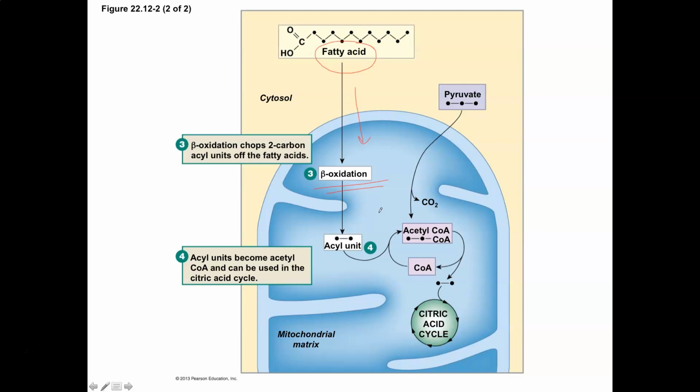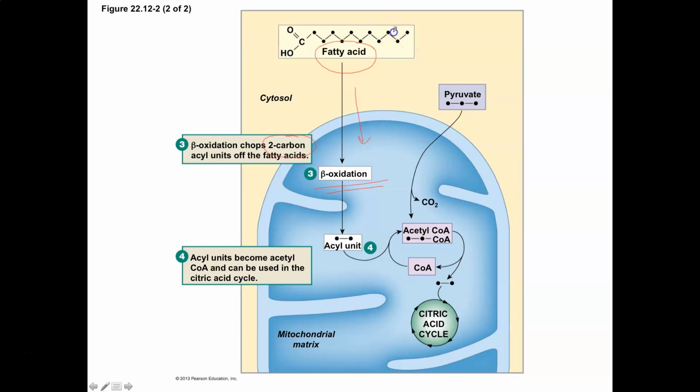Beta oxidation essentially is a process of using enzymes to remove 2 carbon subunits. So we're going to remove 2 carbon, essentially acetate subunits from a fatty acid. So when looking at a fatty acid, you'll notice that it's a long chain of these carbons.